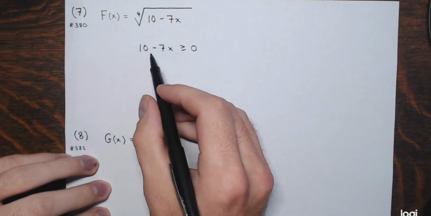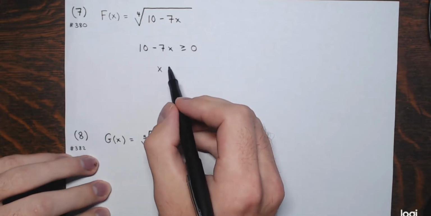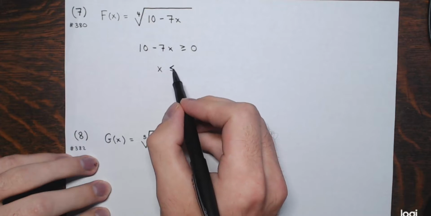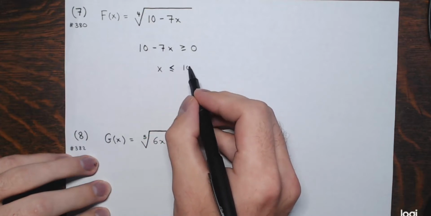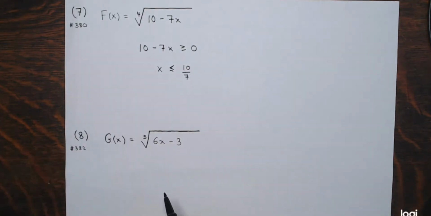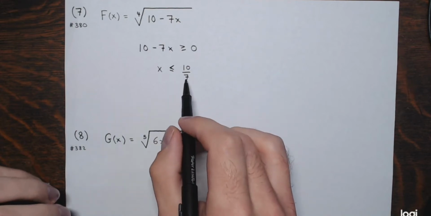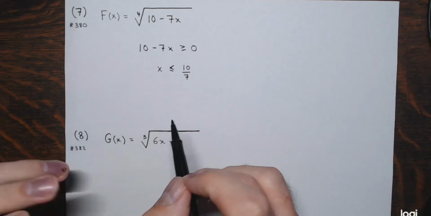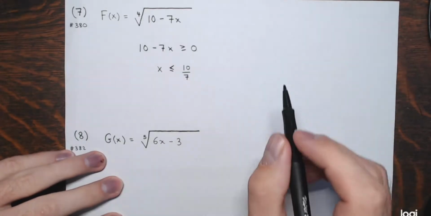So I would subtract 10. Now dividing by negative 7 would flip the symbol, so x is less than or equal to 10 sevenths. Positive 10 sevenths. And that tells us our domain: 10 sevenths or less is a value I can plug in for x.